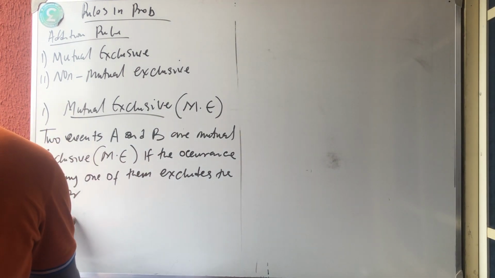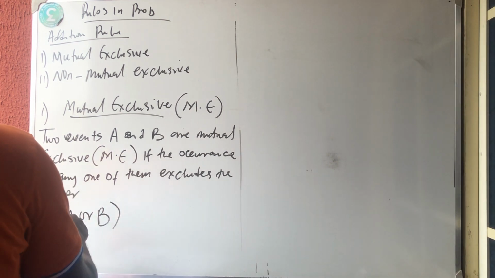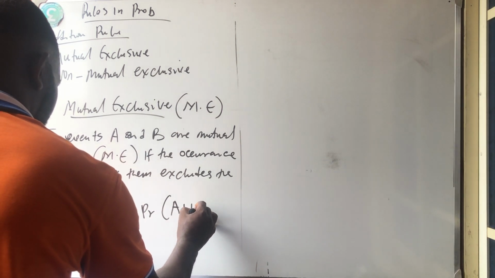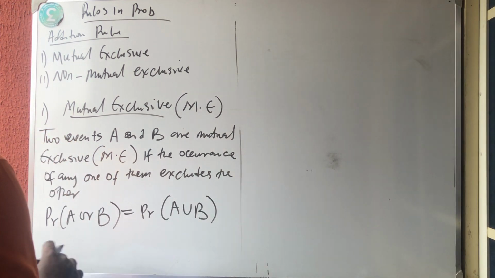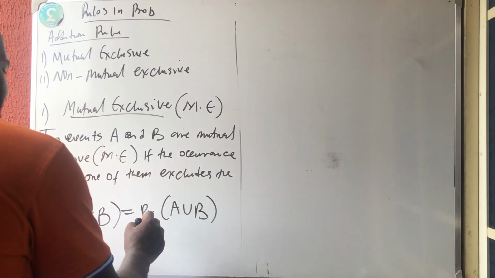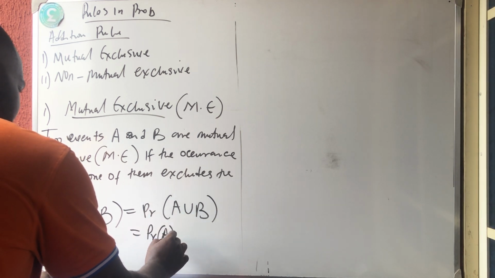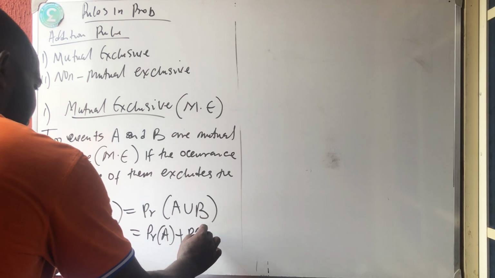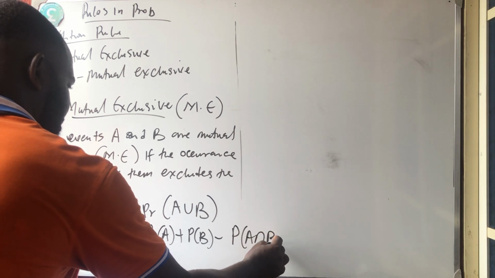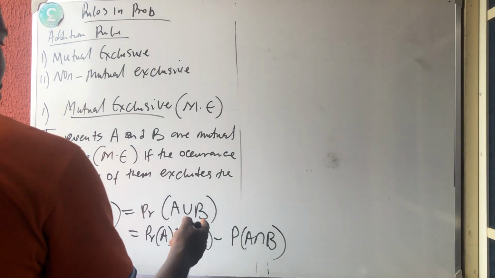It means that the probability of A or B, don't forget that I told you that or means addition, is simply the probability of the union, A union B. Probability of A union B is probability of only A plus probability of only B, then minus the probability of A intersection B. But in A intersection B, they don't have any intersection.